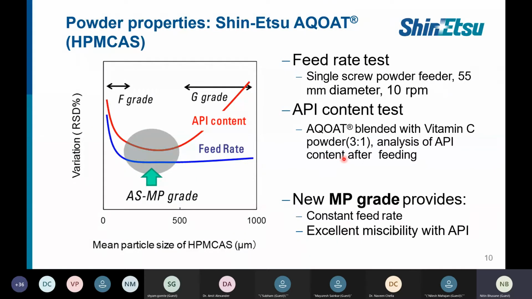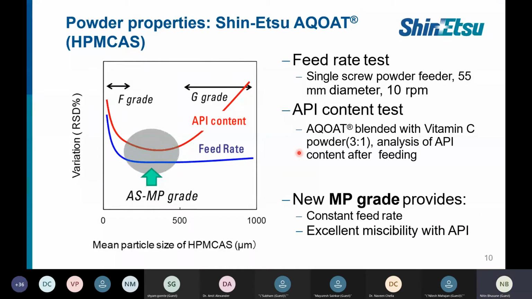Based on the API content, you can analyze that if we are using the F grade, the standard deviation is much higher. And it is the same case with the G grade, where the standard deviation for API content again goes higher.